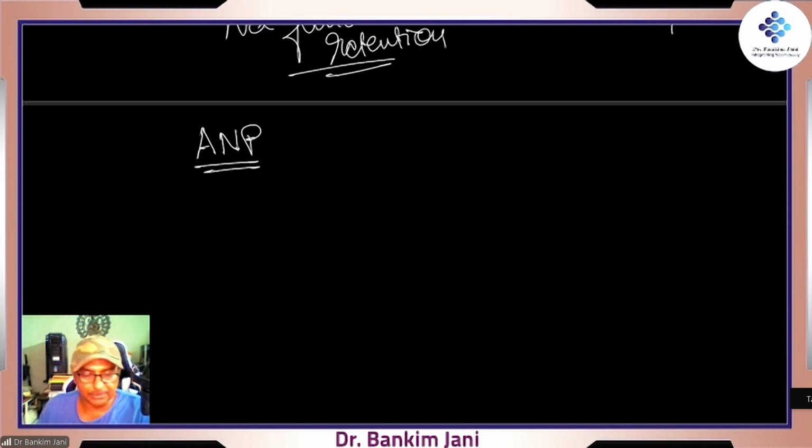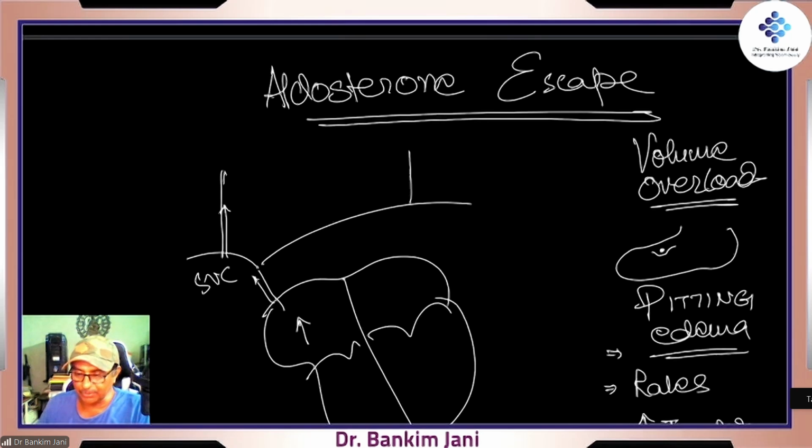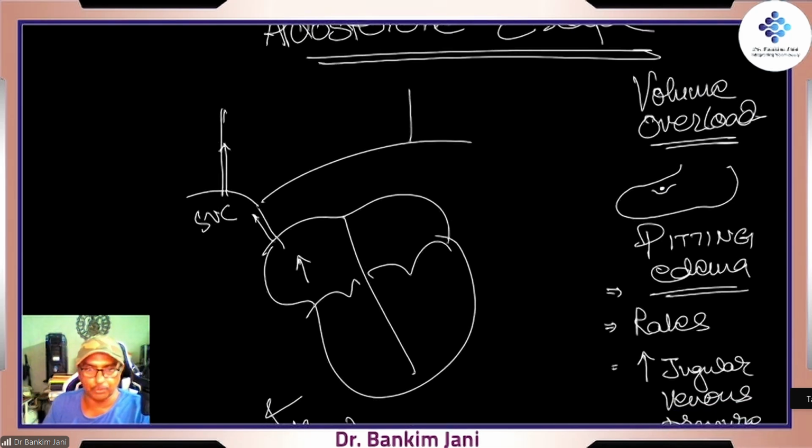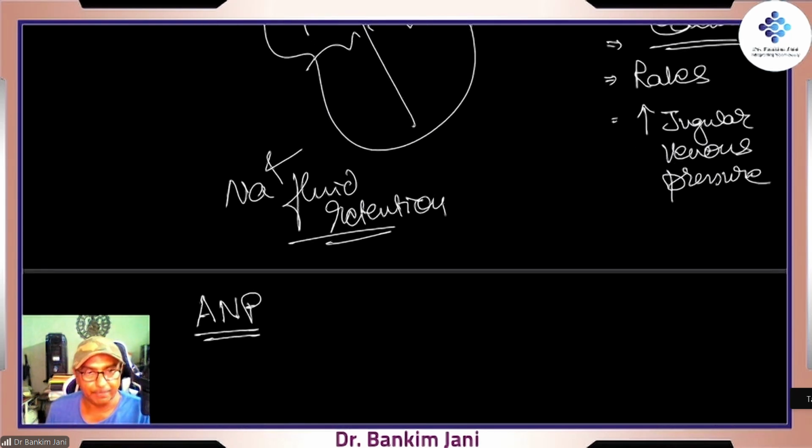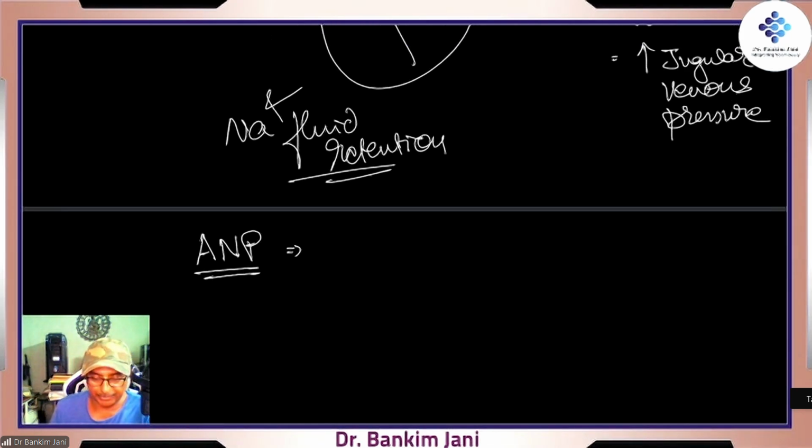So what we were discussing was that because of aldosterone there is volume overload. Why did it happen? Because all the sodium and fluid retention is there. But there is a compensatory mechanism, and that thing is called ANP.